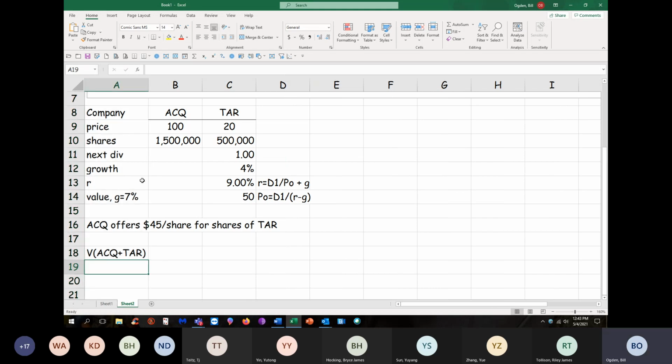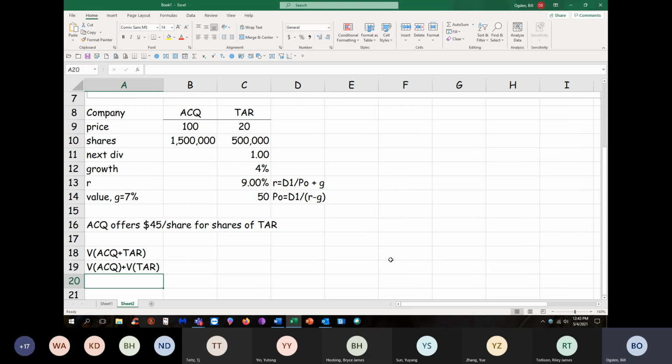Compared to if they do this. So if they do value ACQ plus value TAR. Okay, so let's open this up just a little if we could. All right, so if you want to make a note over here, I guess we could do that. The first one was the value merged.